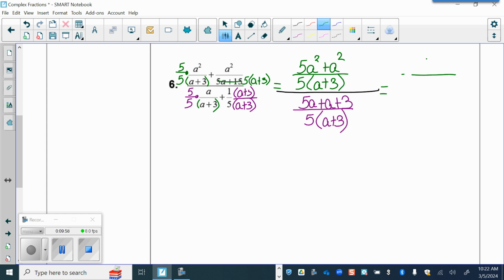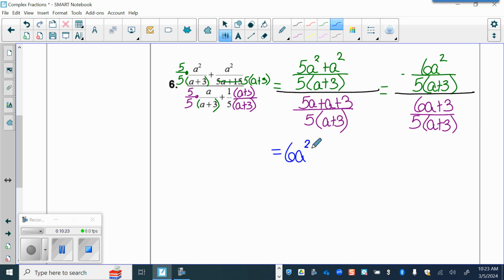Combine like terms, and we have 5 times a plus 3 divided by 5a plus a is 6a plus 3 over 5 times a plus 3. I'm ready to keep, change, flip. 6a squared over 5a plus 3 times 5a plus 3 over 6a plus 3.